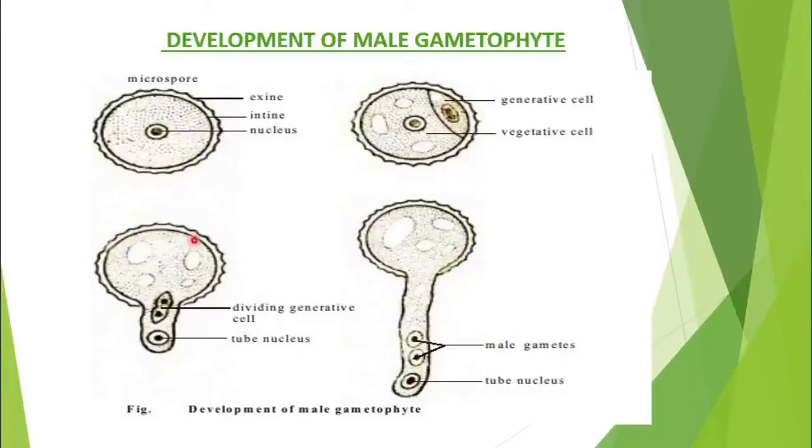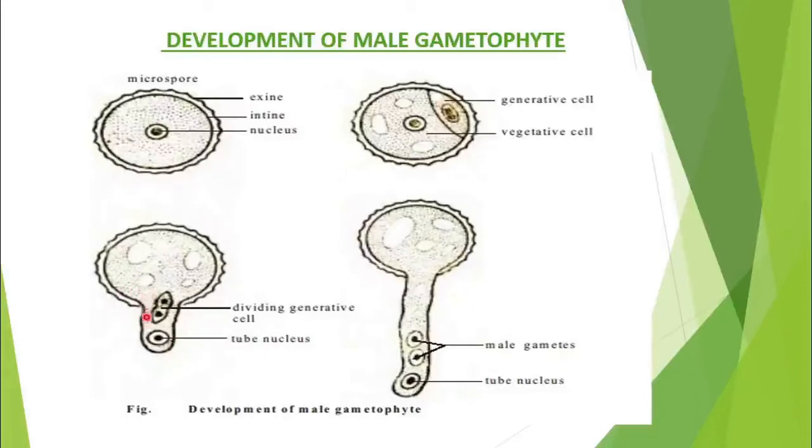The intine is flexible, so it comes out through the germ pore in the form of a tube. That tube developed because of the pressure is called the pollen tube because it is the tube of the pollen grain. It is also called the germ tube because it comes out through the germ pore.